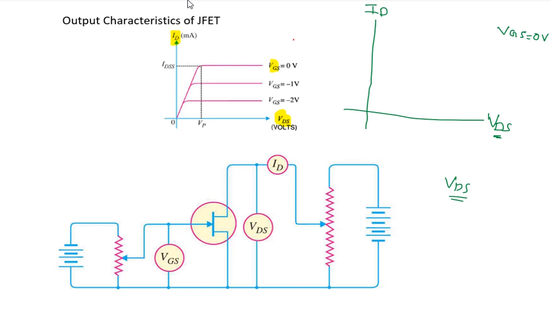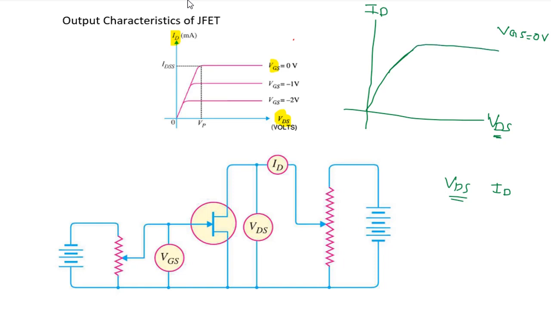And corresponding to each VDS, I will note down the drain current ID, and plot these values on graph paper, ID versus VDS, and repeat this procedure for another VGS. And first, as you increase VDS, ID will rise sharply. It will rise rapidly with VDS, but then it becomes constant at some value.